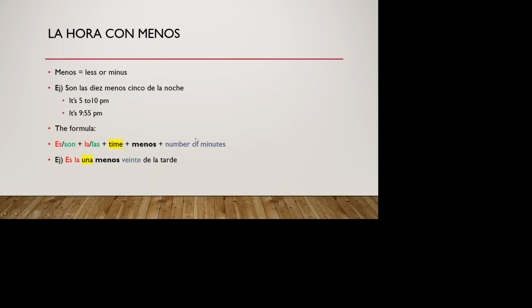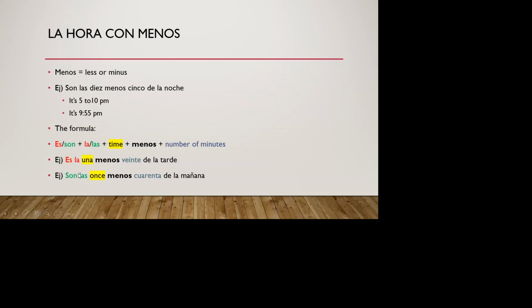So an example would be "es la 1 menos 20 de la tarde." This would mean it's 12:40 or it's 20 minutes to 1. And we know that because this is the future time we're talking about, minus 20. So when you're doing subtraction of time, that would make it 12:40 in the afternoon.